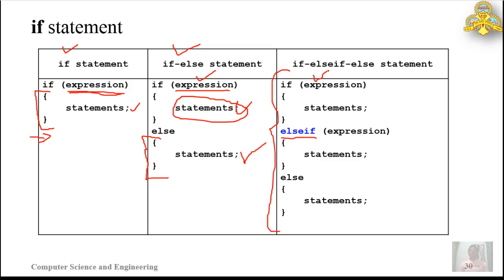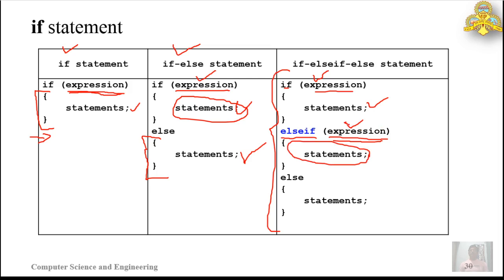If the given expression in the first if evaluates to true, then this statement will execute and the rest of the statement blocks are ignored. If this expression evaluates to false, then it goes to the next elseif, and there will again be one expression. If this elseif expression evaluates to true, then the second block will be executed.